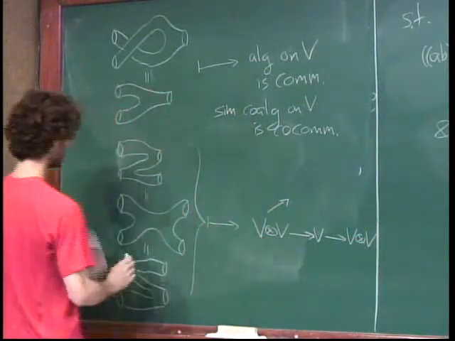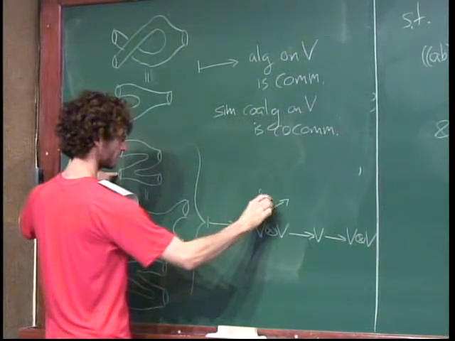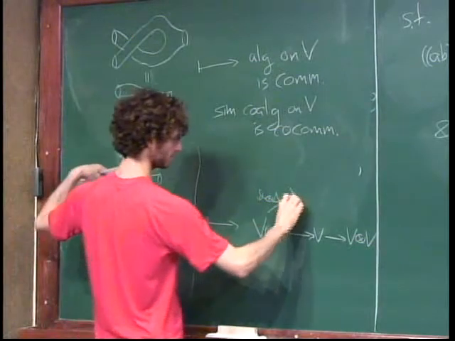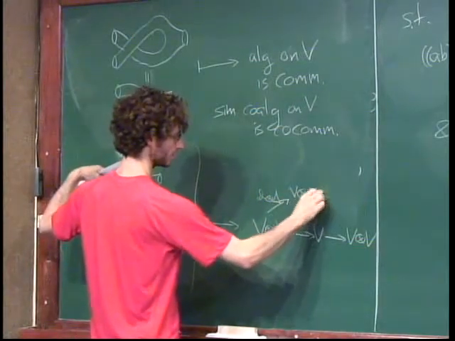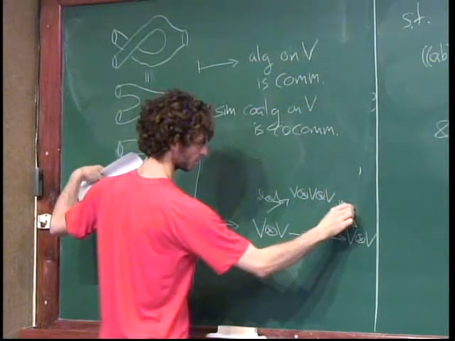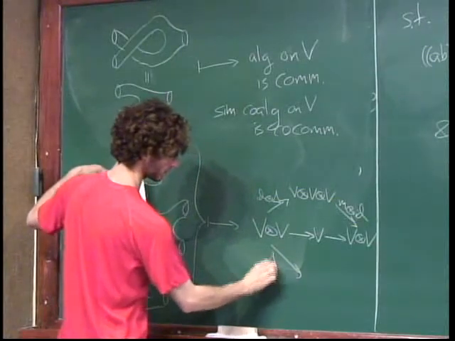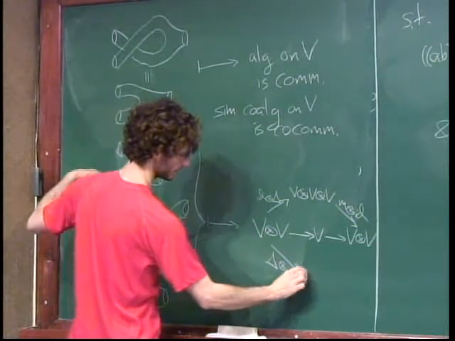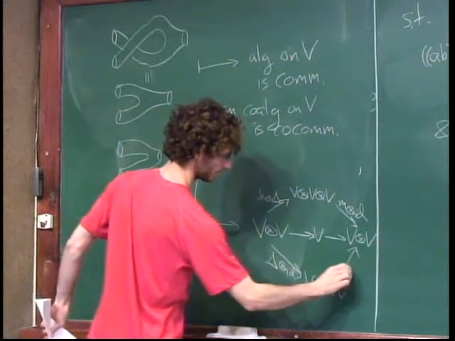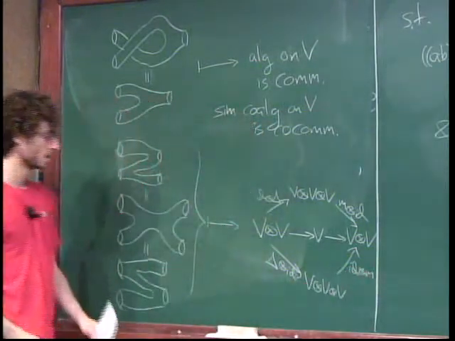Or up here, it was the identity tensor the co-multiplication delta, going to V tensor V, and then I multiply the first two, which I'll call M, tensor the identity, or going the other direction, I did delta tensor the identity, and then I did the identity tensor the multiplication.